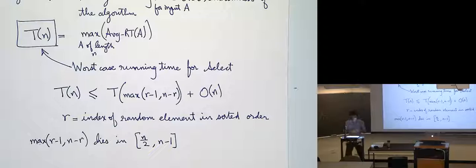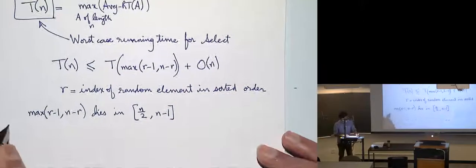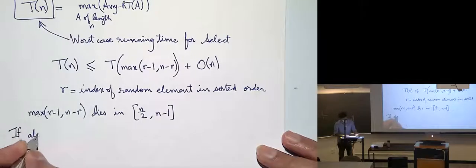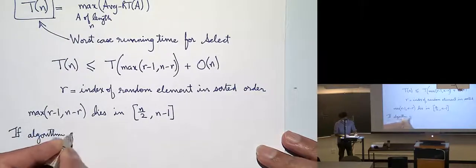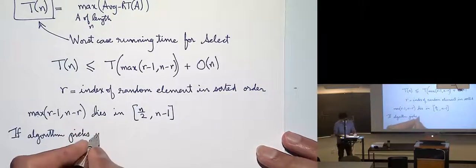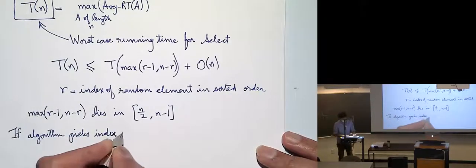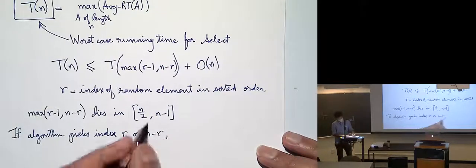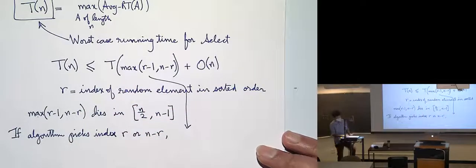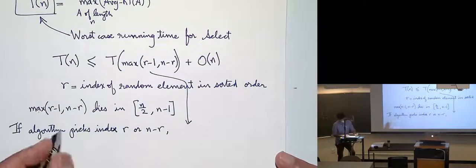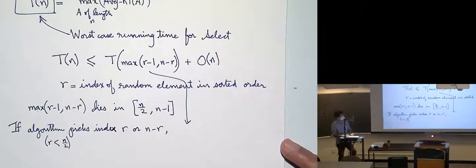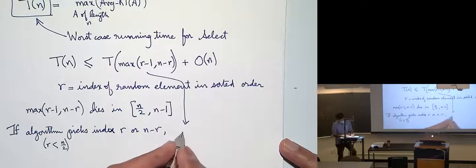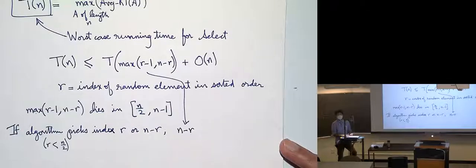So essentially what this says is, if the algorithm picks index R or n minus R, then this max value will essentially be the same, regardless of which one it is. So I'll just say that for R less than n over 2, this thing is essentially going to be n minus R. Does that make sense?